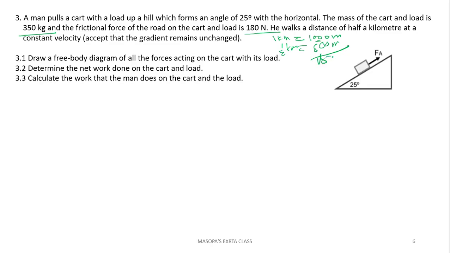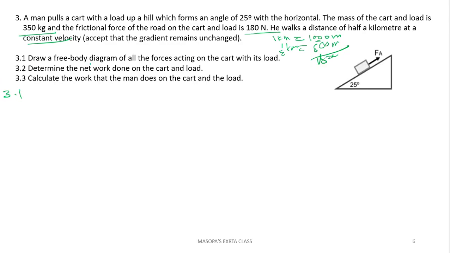That means this is our delta x that you're going to use, also at a constant velocity. So obviously, if the man walks a distance of 500 meters, the cart will also cover that distance. Then let's quickly answer this question.